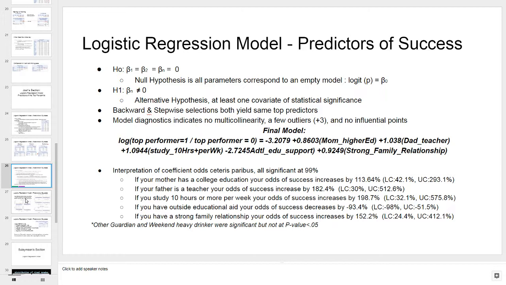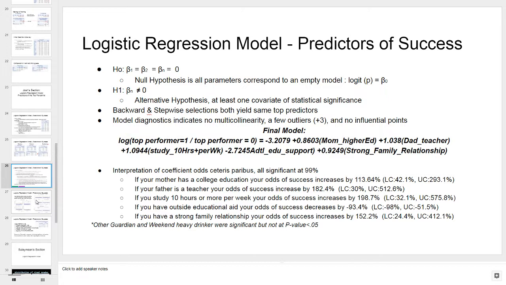The big predictors were if your mother has a higher education degree, and that's a positive effect. Your mother having a college education will increase your odds of success by about 113%. The next one, related to research about coming from a family with an academic background: if your dad was a teacher, you do see a positive effect. Your odds of success increased by 182%.